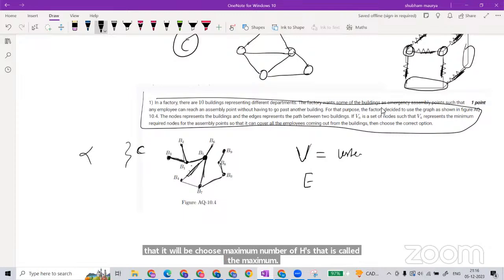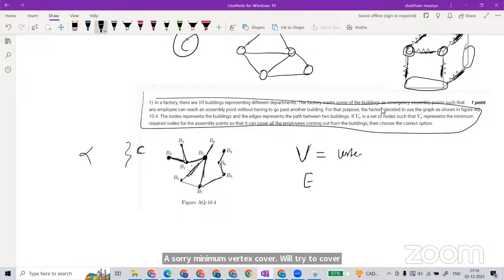We'll try to cover the edges by choosing the minimum number of vertices. For example, if you choose B5, then this is done, this is done, this one is done, this one is done. So 4 edges are done.